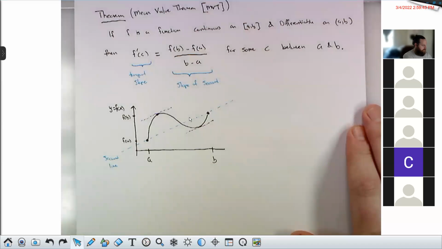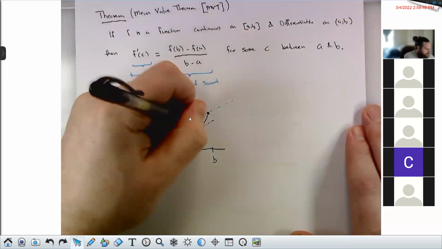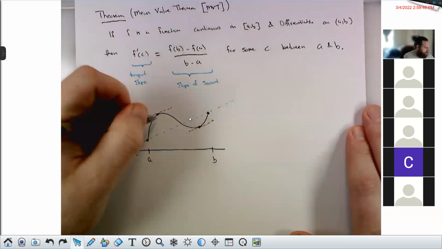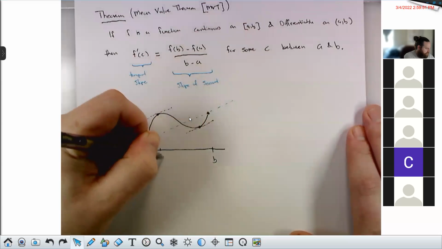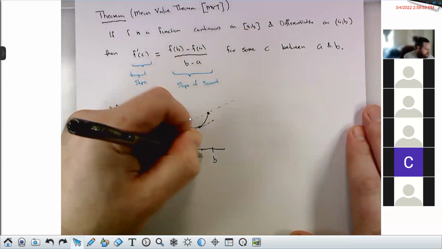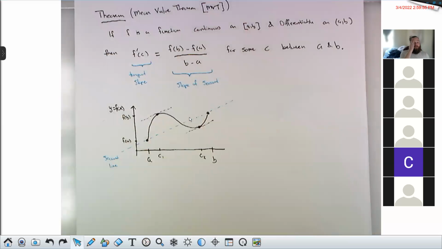So what this theorem does is it guarantees the existence of these points on the graph, call them c1 and c2, where the tangent line is parallel to the secant line. Pretty cool stuff, right? So there could be one such point, there could be two or three or four. The theorem promises that there is at least one.